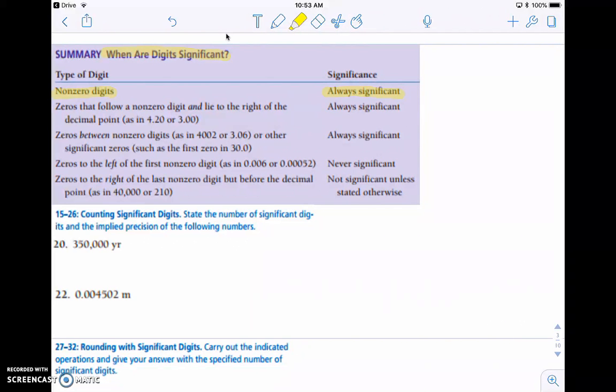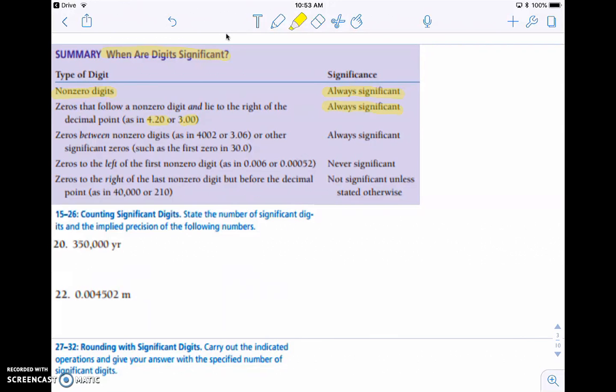The next one is a 0 that follows a non-zero digit and lies to the right of the decimal point. For example, in 4.20, that 0 is significant. In 3.00, those are significant. Those times where it's to the right of the decimal place and we write a 0 after our non-zero digits, those are always significant, because you'd only write them if they have significance.